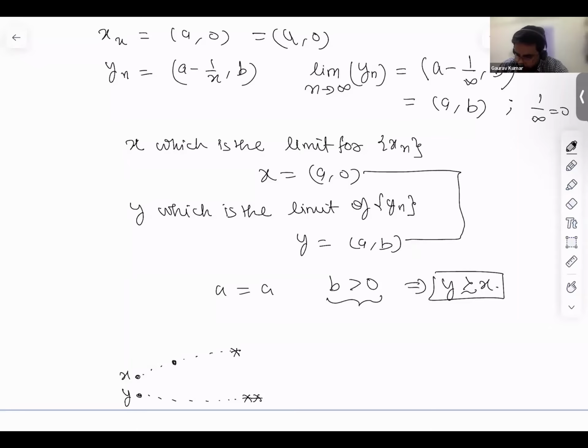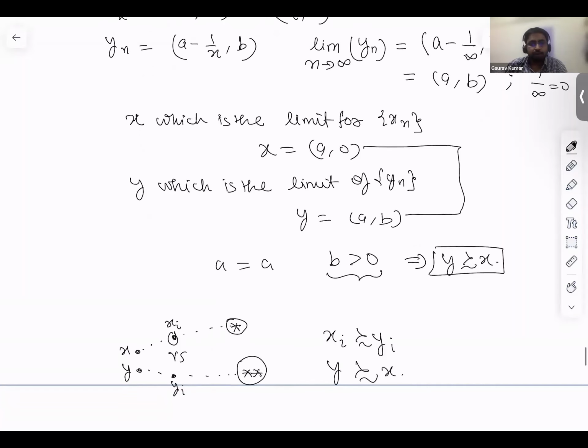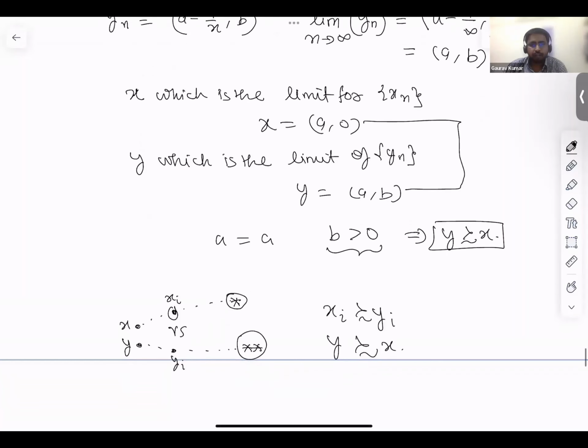For every term, this is some x_i and this is some y_i. For this you have that x_i is preferred over y_i, but in the limit what you see is y is preferred over x. So this violates the property of continuity.